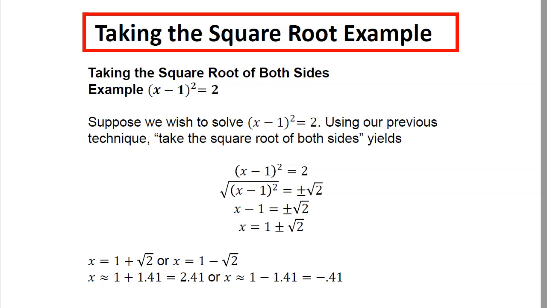So we have x minus 1 equals plus or minus the square root of 2. Adding 1 to both sides, we have x equals 1 plus or minus the square root of 2, which we can use a calculator to get numerical approximations for: 1 plus about 1.41 and 1 minus about 1.41.